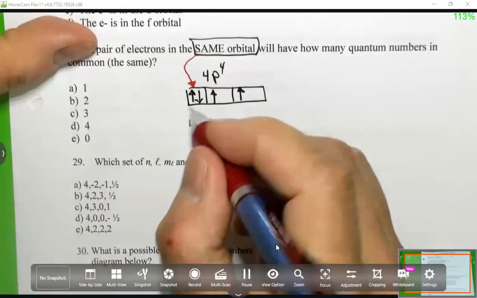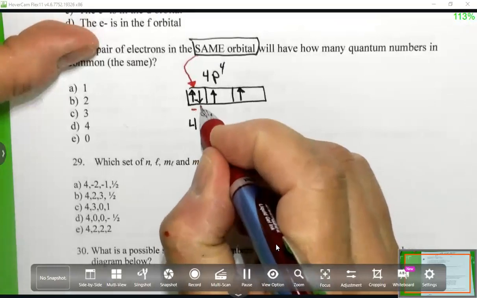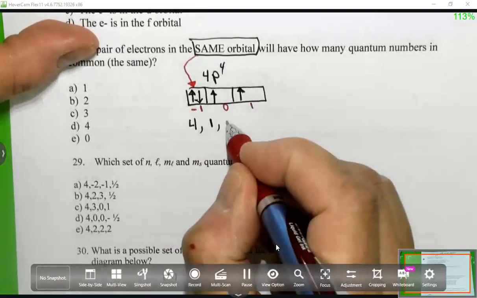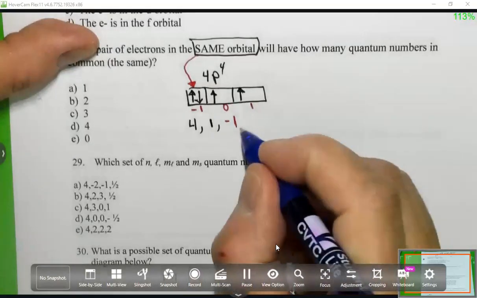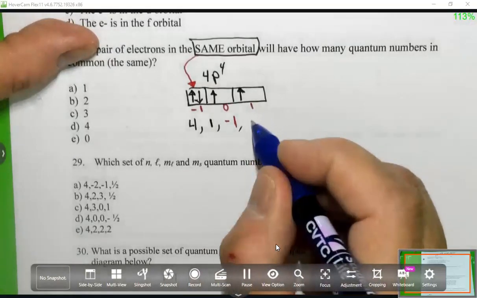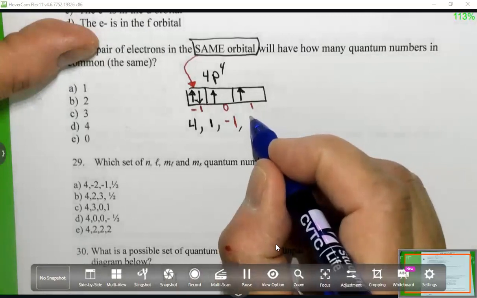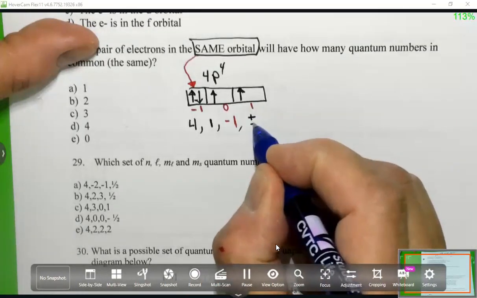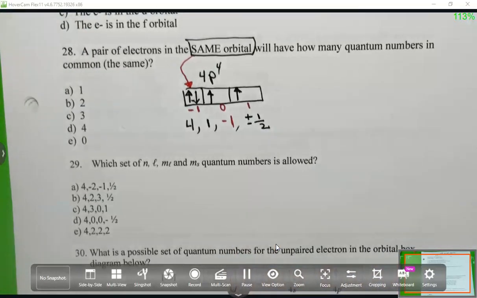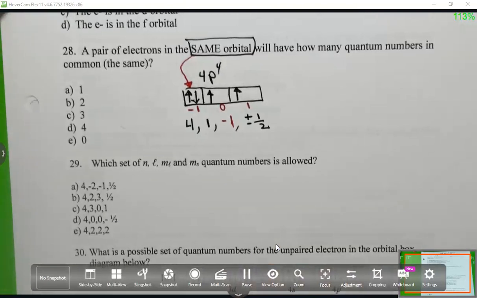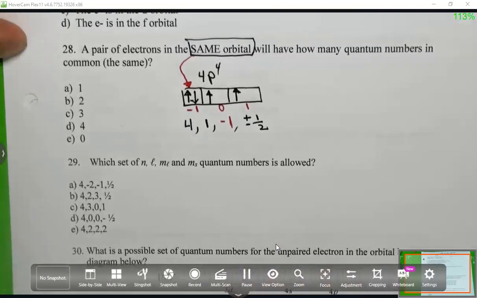The third quantum number would be -1, right? And the last quantum number, if we did them both together, would be plus and minus 1/2. How many quantum numbers are the same? First 3, right? The first 3 are the same. 28, 31.